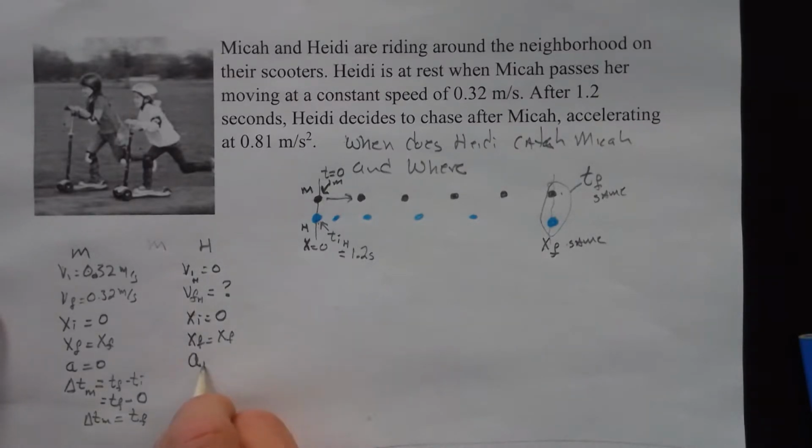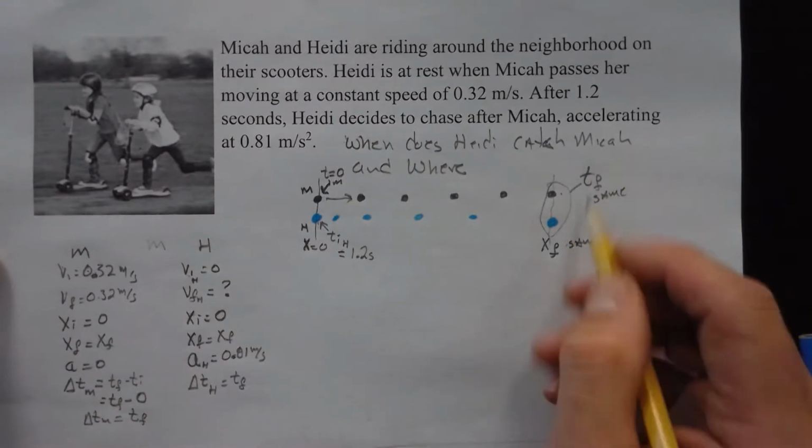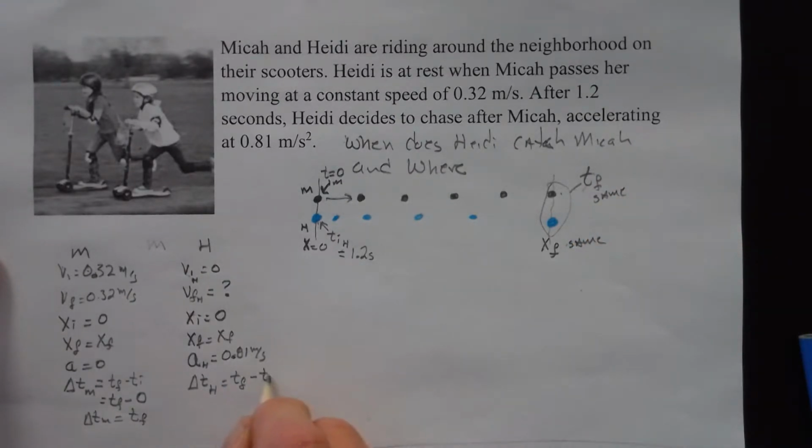Her acceleration is 0.81 meters per second squared, which I'm sorry I made that number, but it is what it is. And her change in time is her final time, which is the same, minus her initial time, so it's TF minus 1.2.